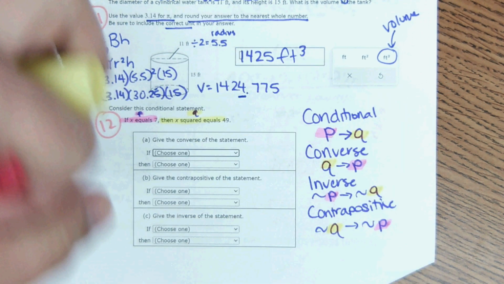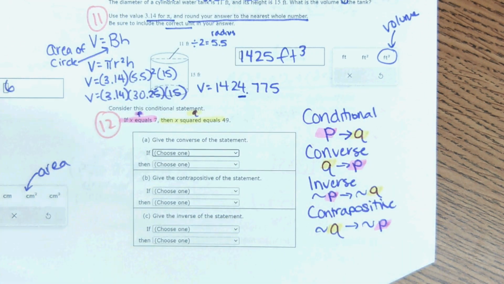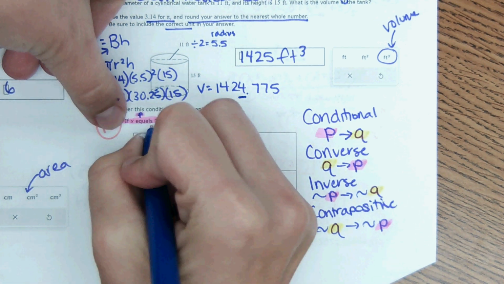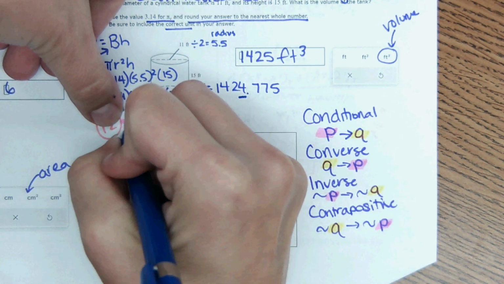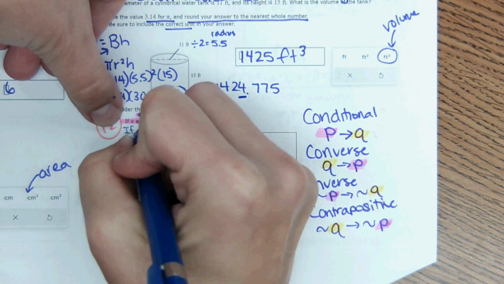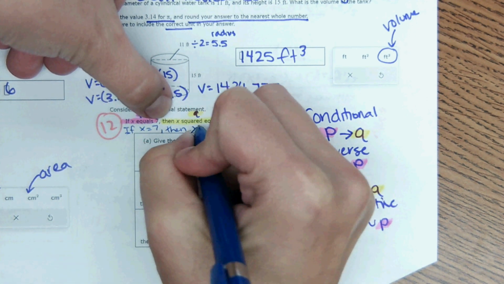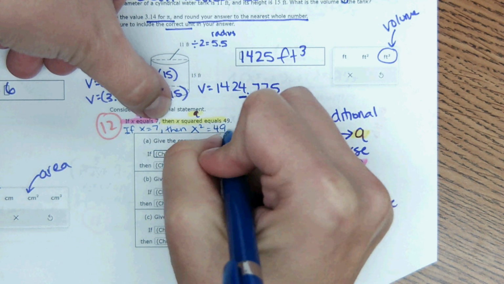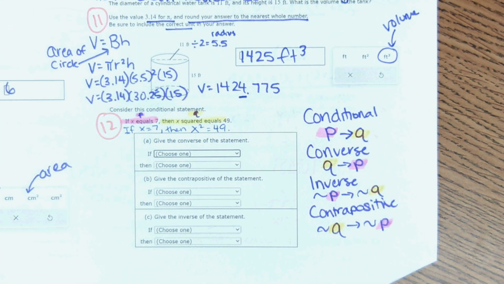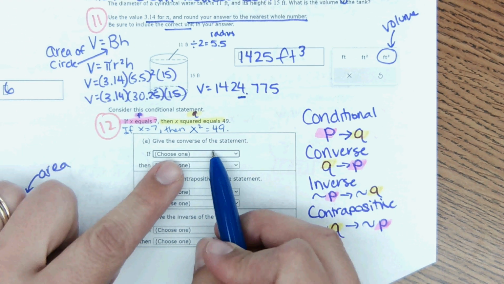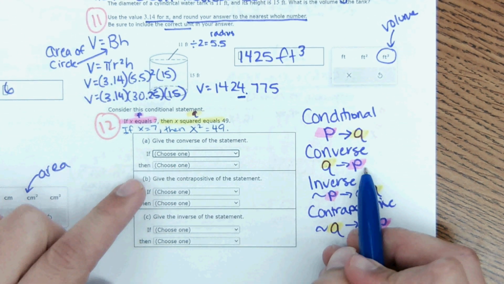I'm also going to abbreviate a little bit to make this easier. So x equals 7, so I'm going to write that as: if x equals 7, then x squared equals 49. Okay, so now I'm going to write the converse, which is Q then P.